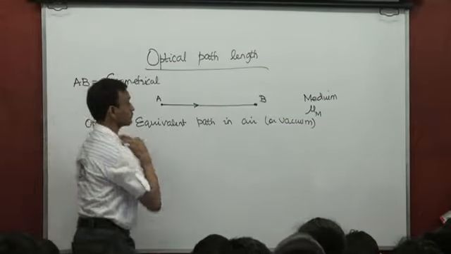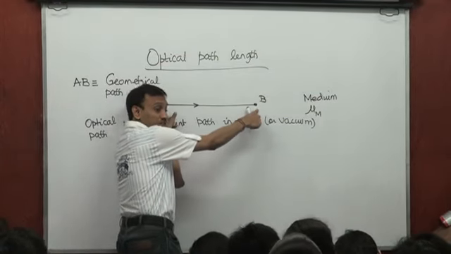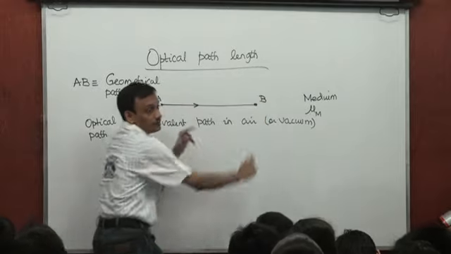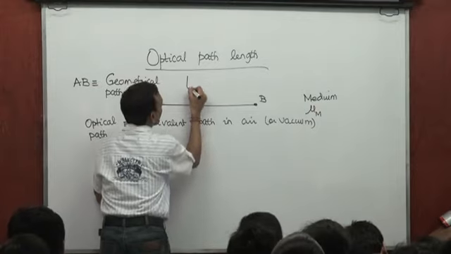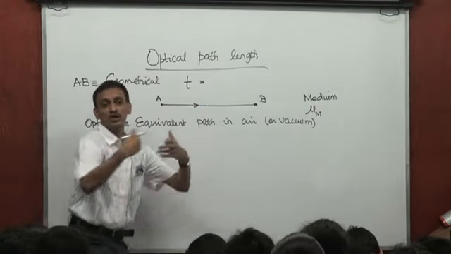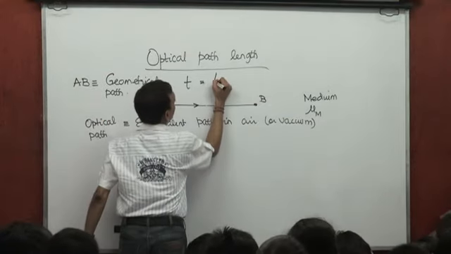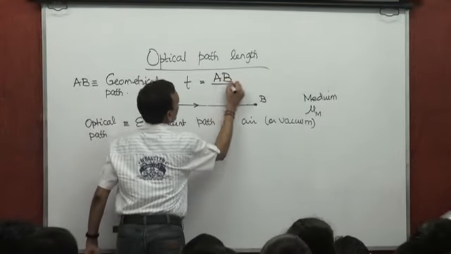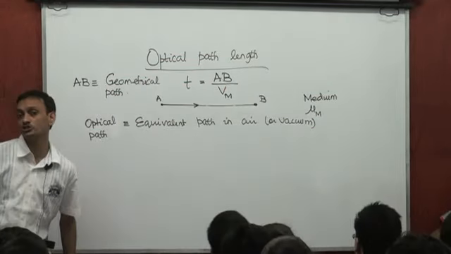Look, to go from A to B in a medium of refractive index mu m, the time taken by the ray of light would be distance by velocity, which would be AB divided by the velocity of light in the medium m.